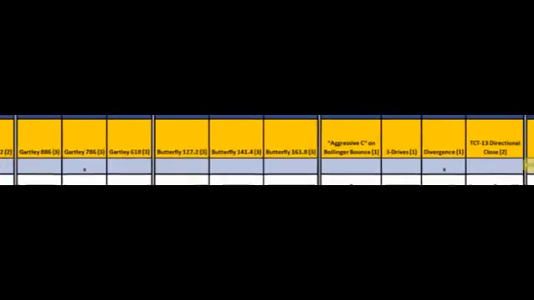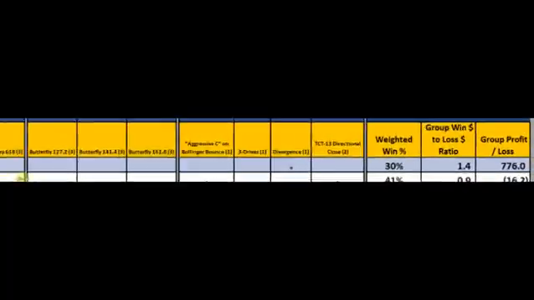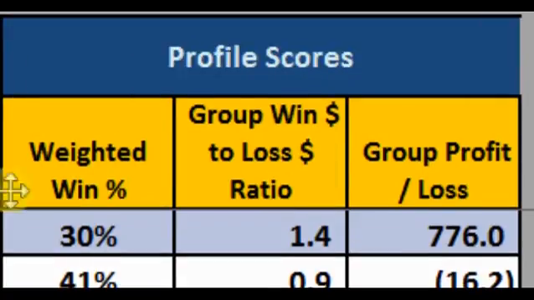The probabilities of this trade looked pretty good, being that it was mathematically defined as a 30% winner based off of my previous experience trading this particular group of characteristics, with a group win-loss ratio of 1.4, meaning that for every loss I take, I win 1.4.